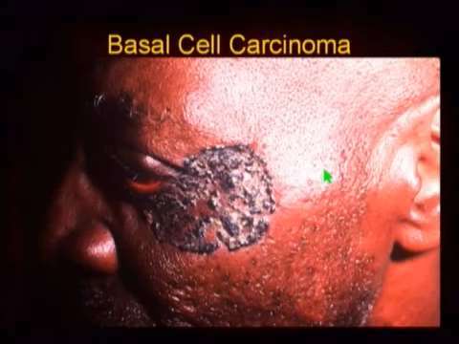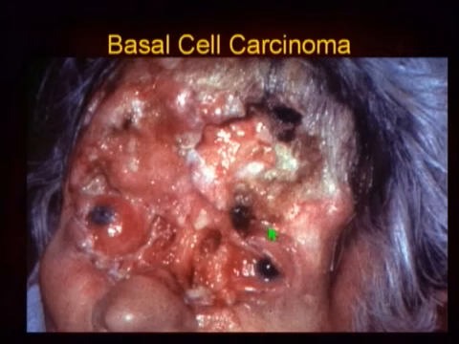As I mentioned, more common in lightly complected individuals, but not limited to those. So this is a basal cell carcinoma in an African American individual, and this one has some pigment to it, so we would call this a pigmented basal cell carcinoma. Still keeps the morphology for the most part, papules that are here, but again, you wouldn't be able to appreciate telangiectasia nearly as well because of the dark pigmentation.